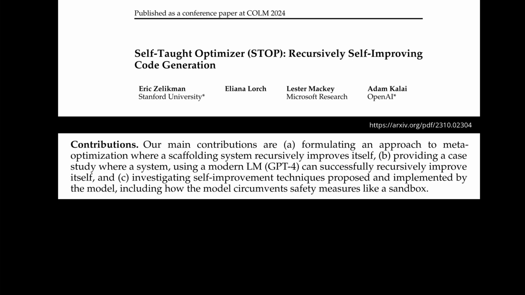If the system improves itself, it means that only the intelligence shield improves itself, and Microsoft does not have to touch the tensor structure of GPT-4 or the internal workings of O1. And C: Investigating self-improvement techniques to implement it, including how the model circumvents safety measures like a sandbox.